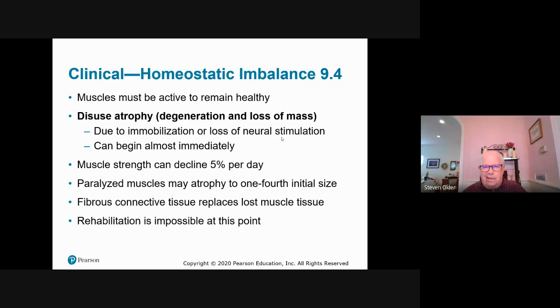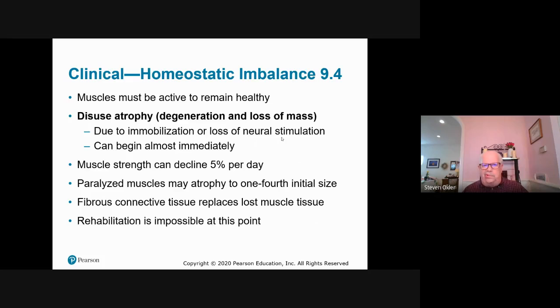You're complacent. And this is called disuse. When you disuse your muscles, they atrophy. They degenerate. They lose mass. And this is due to immobilization or lack of stimulation by your nerves.